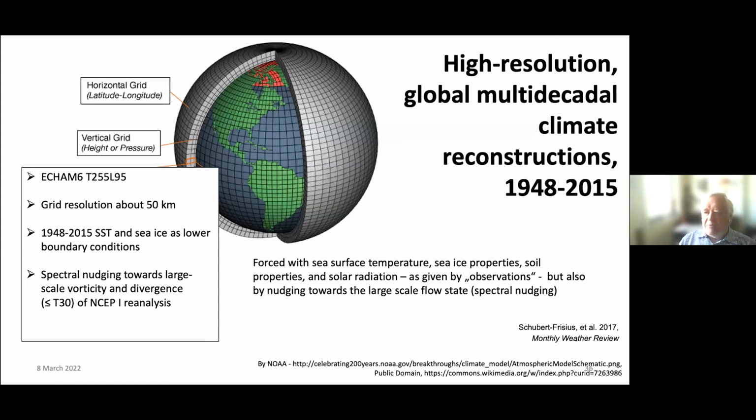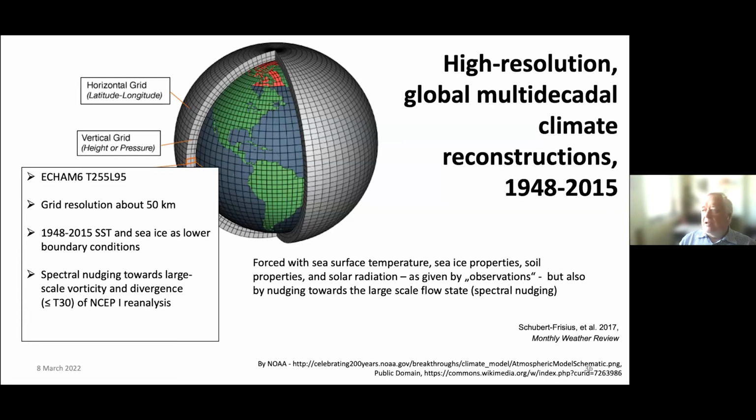So we adopted this concept, and we used the ECHAM6 T255 and worked with a grid resolution of 50 kilometers. We prescribed sea ice as lower boundary conditions and also sea surface temperature. And we used spectral nudging towards large-scale vorticity and divergence.